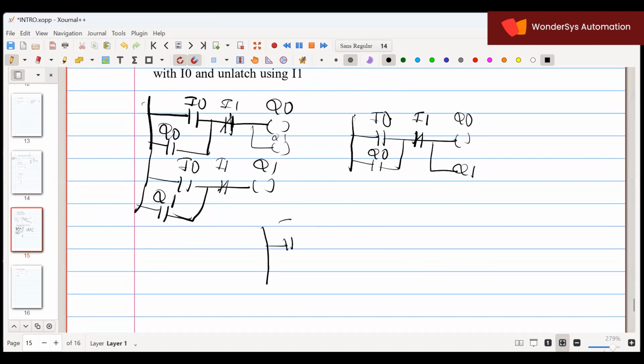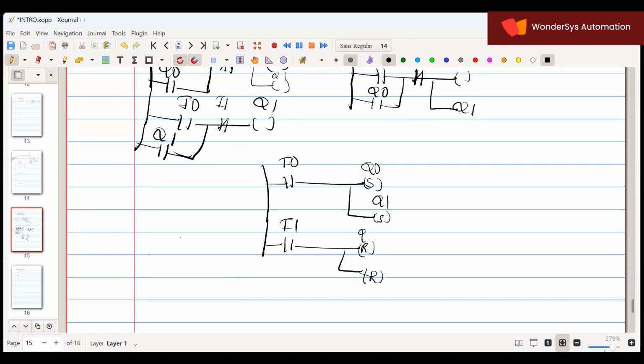I use a switch I0 and I'll take set Q0, and one more set for Q1. Then to reset, I use I1. Any confusion? No, madam. Clear, right? Okay, shall we proceed to the next topic?